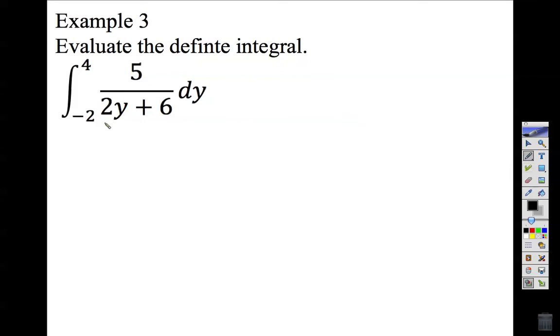We are not going to integrate straight through because the 2y plus 6 is part of the denominator, so we're going to use substitution. u equals 2y plus 6, so that means that du equals 2 dy. Since we have a dy, I am solving for dy. I divide both sides by 2 and we get this here. Once we have this substitution, I can replace the 2y plus 6 with u and this dy with du over 2.